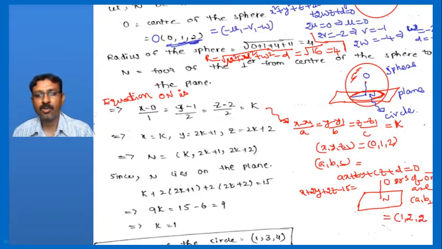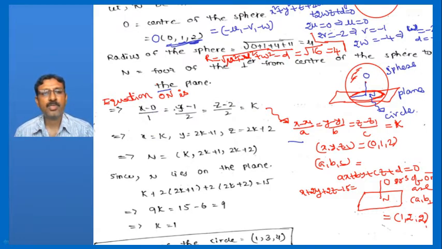Those are 1, 2, 2. So using the formula, I have written the equation of the line ON: (x minus 0) by 1, (y minus 1) by 2, (z minus 2) by 2 is equal to some k.